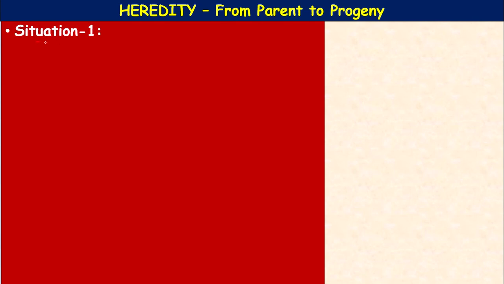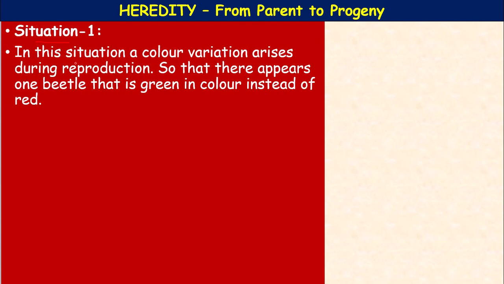Here, in situation 1, a color variation arises during reproduction, so that there appears one beetle that is green in color instead of red.